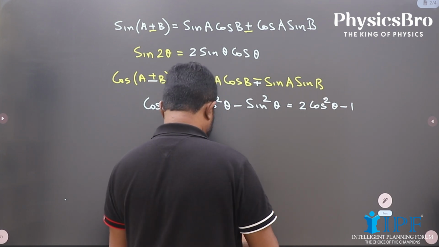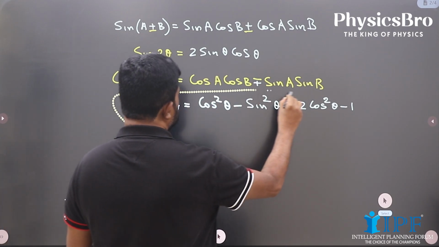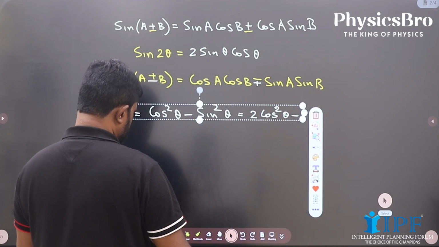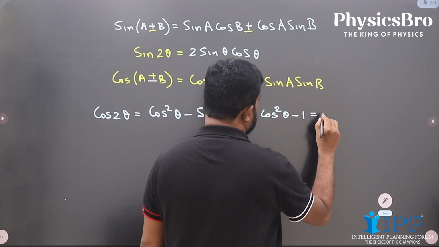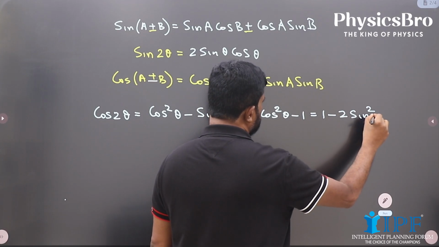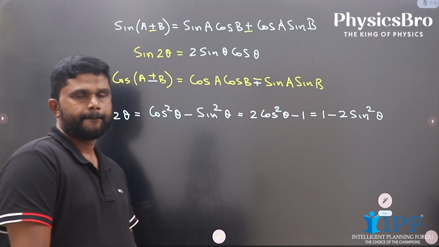And this cos 2 theta can also be expressed as 1 minus 2 sine square theta.